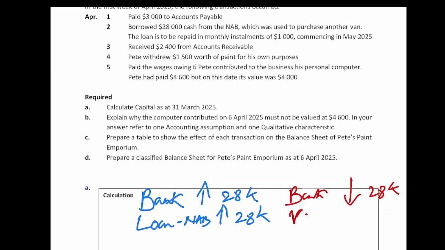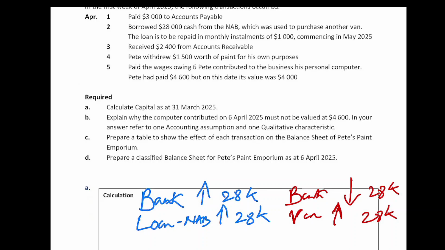Your balance increases 28k. Now see, once bank increases, at the same moment, on the same day, it happens.